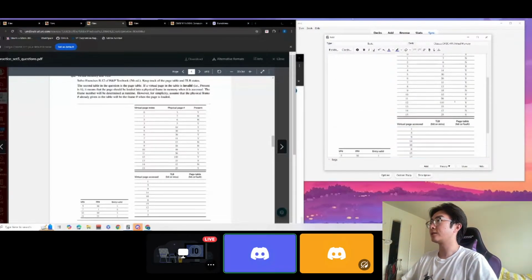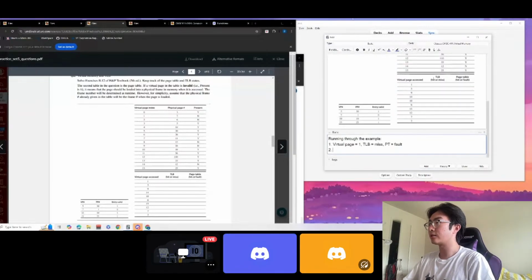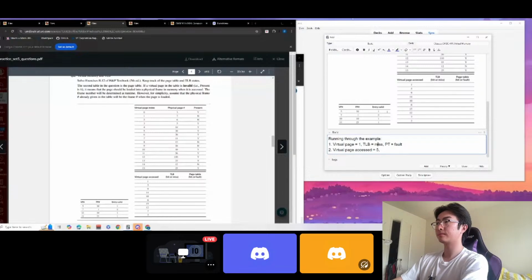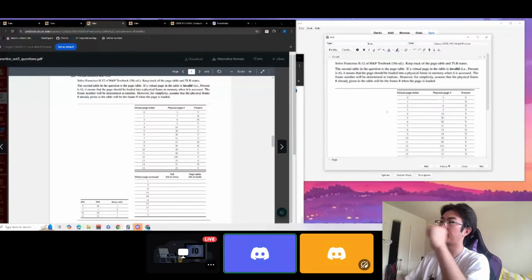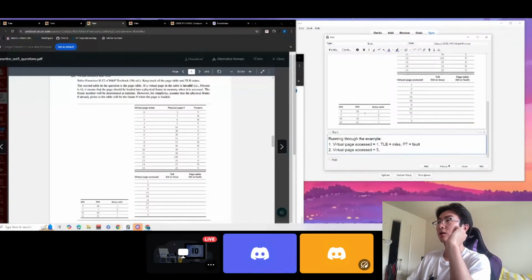Okay, so that means this then becomes, if we just fill this out, virtual page access is equal to 5, right? And then I feel like we should be giving a policy of how we could update our cache if this is our cache.